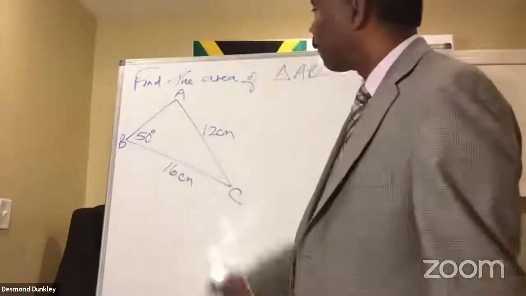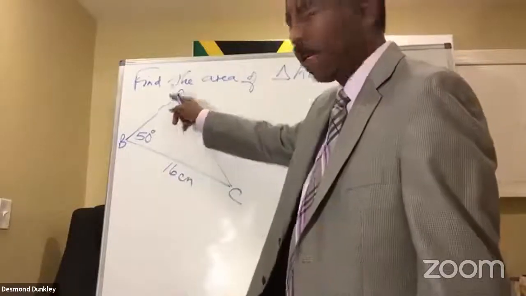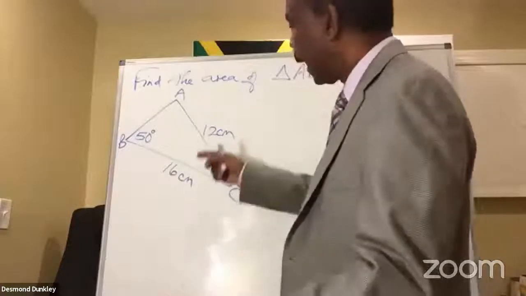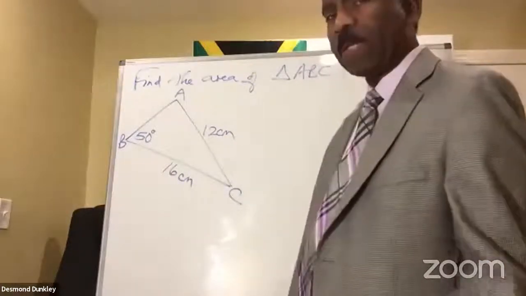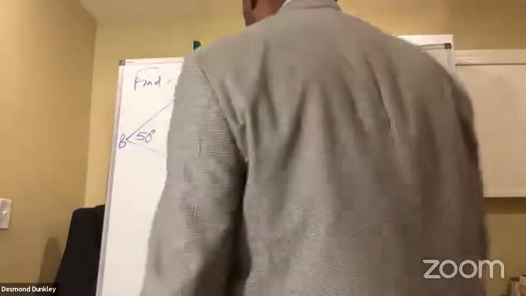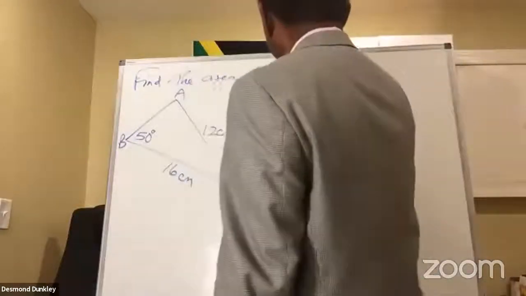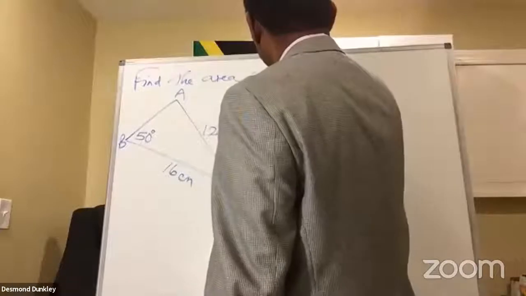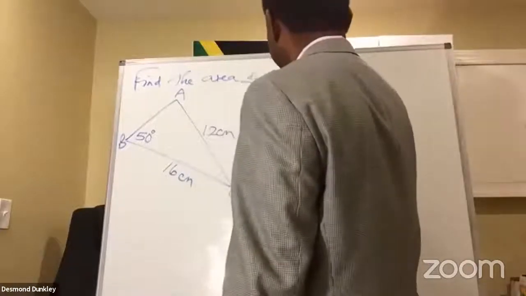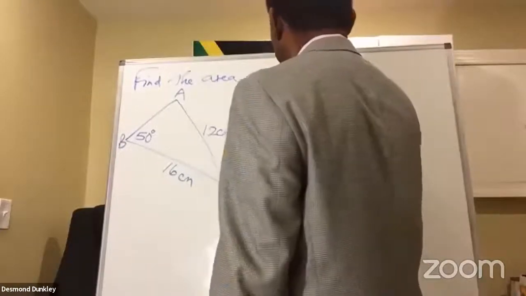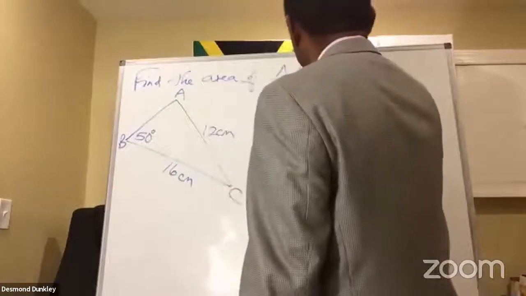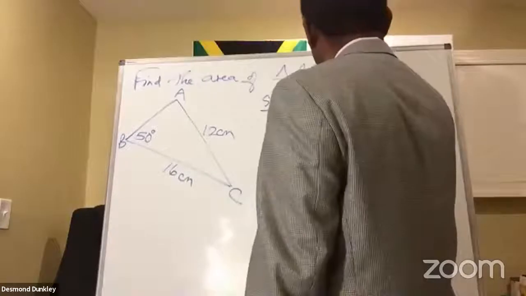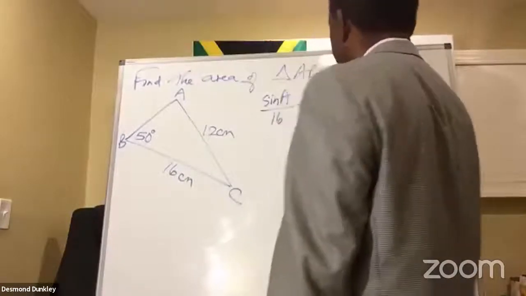So let's go ahead and try to find angle A, because that's the only thing we can do right now. We have to find angle A because we're stuck. So angle A: sine of A over 16 is equal to sine of B, which is 50 degrees, over 12.